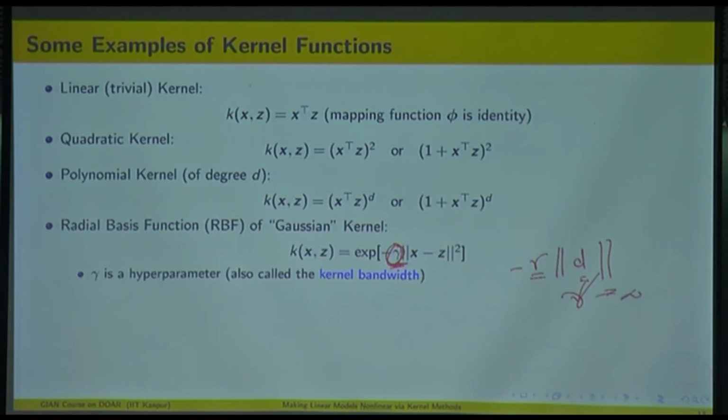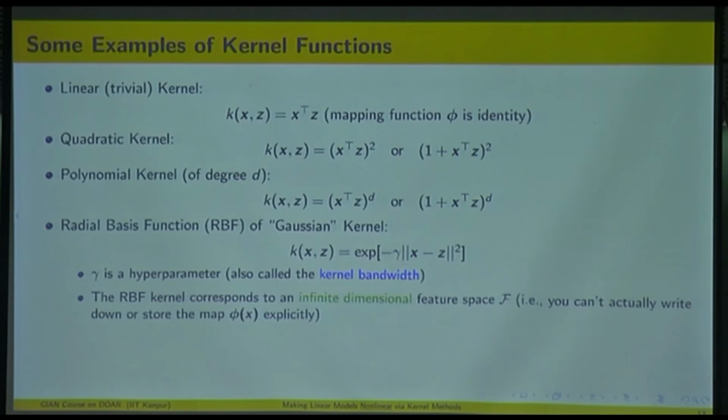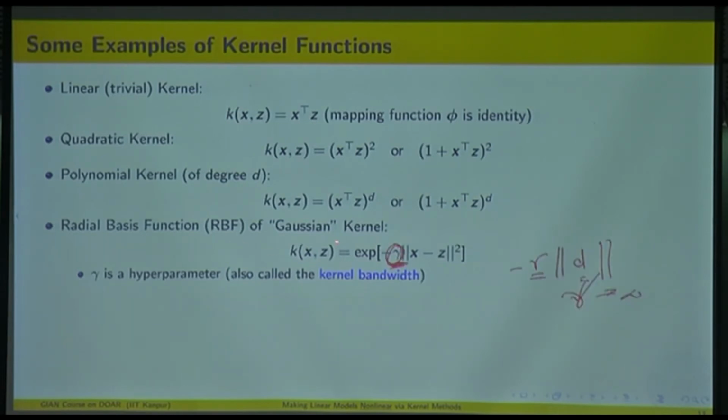In any machine learning algorithm, you have some hyperparameters to tune, and you can tune gamma to define the right kernel for your data, because it controls which points you are considering in the neighborhood of any given data point. So this is actually a very, very popular kernel.